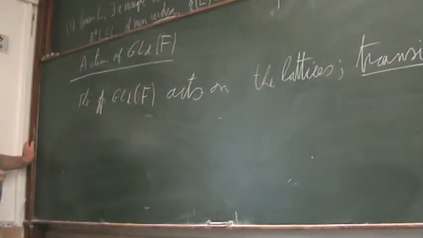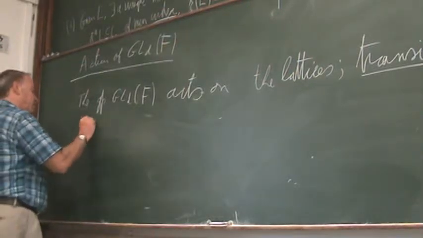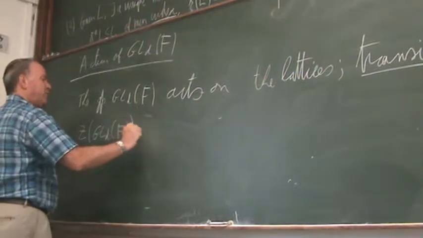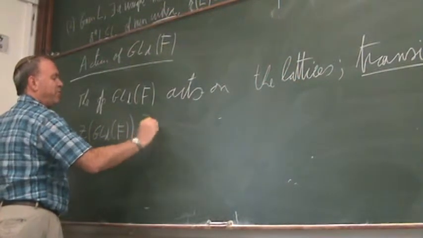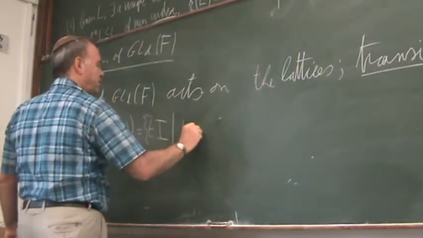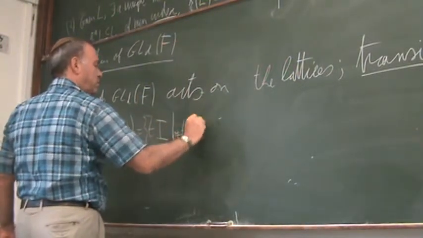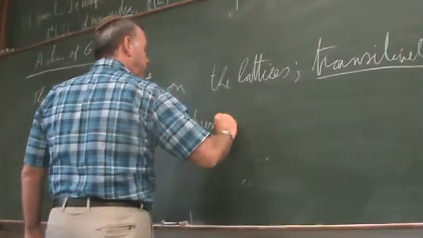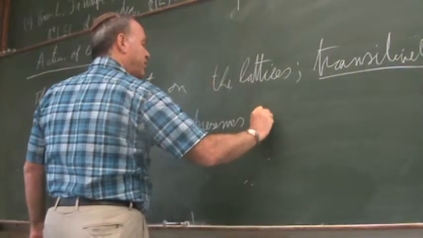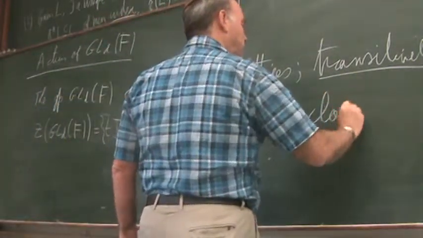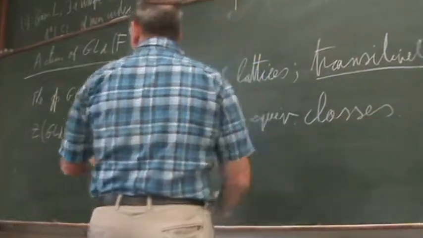Okay. Now, the center of GL_d(F), which is simply the invertible scalar matrices, preserves equivalent classes, because what does it do?